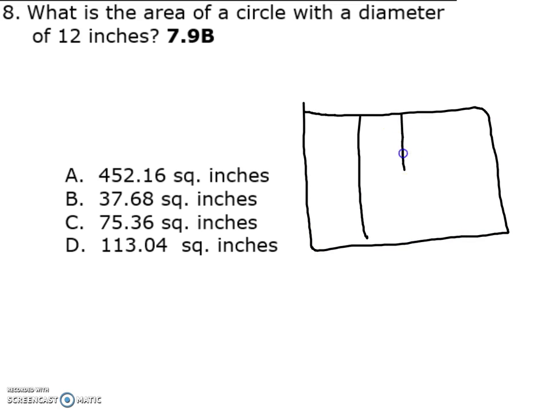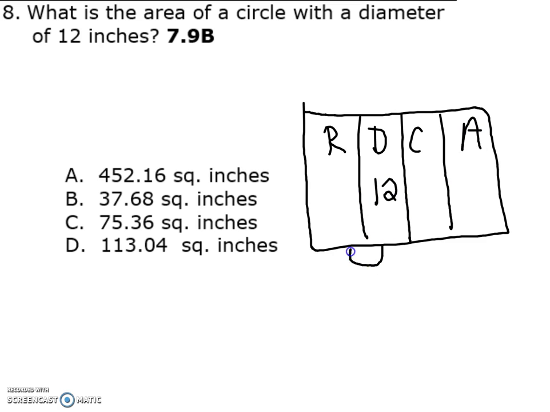So we have an RDCA. The diameter is 12. To become a radius, we do 12 divided by 2. We get 6. If you want to do the circumference, 12 times 3 is 36.